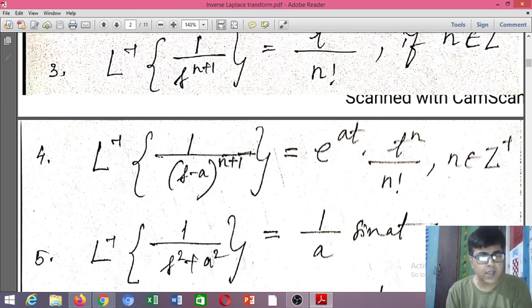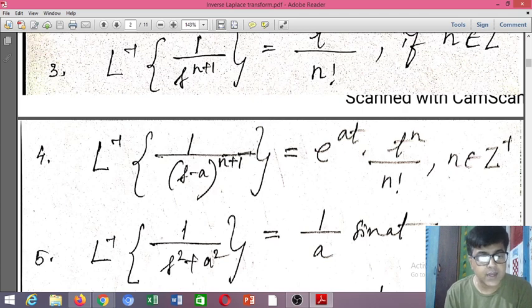Here if you look carefully, we have also used the first shifting theorem, because if you multiply the function by e to the power at, there is a shift of the origin by a, so it becomes s minus a. That's why the inverse Laplace transform of 1 by s minus a to the power n plus 1 will be e to the power at into t to the power n by n factorial.